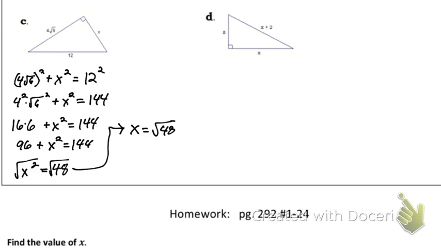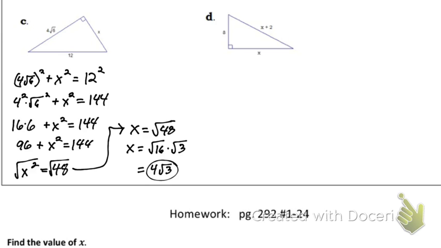So Sabrina broke it down into radical 4 times radical 4 times radical 3, which is going to be 4 square root of 3. Another way you could have done it is square root of 16 goes into it 3 times. Either way, perfectly acceptable, and we come up with 4 square root of 3 for that one.